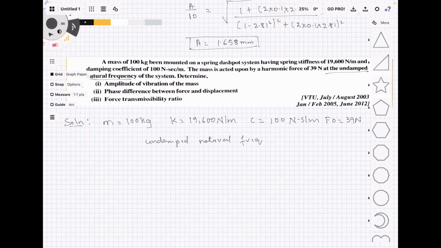It means that it is at the resonance state, which is omega equal to omega n. So first is the amplitude we need to find out. The amplitude formula, which we have already derived and solved in the previous classes, is A upon xs equal to 1 upon square root of ((1 minus r square) the whole square plus (2 zeta r) the whole square).